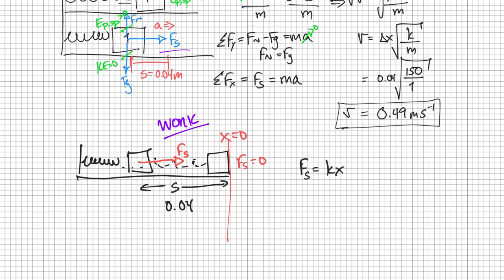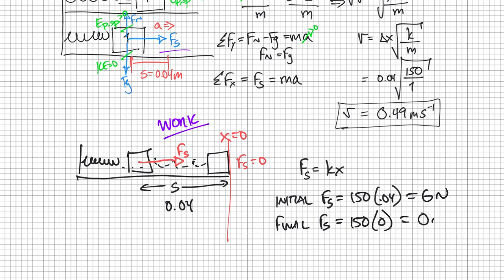And so what we can find is the initial force of the spring, which is going to be 150 times 0.04, which is going to give a force of 6 newtons. The final force of the spring would be 150 times 0, so that would be 0 newtons.